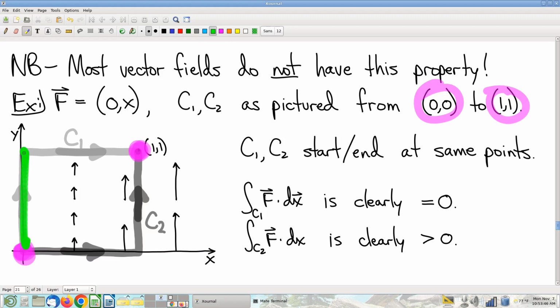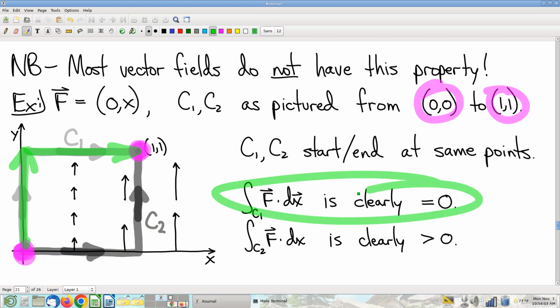But along in here, the value of the vector field is 0. So there's no line integral on that green segment. Along in here, the vector field's not 0, but the vector field's pointing up. The curve is going to the right, and that dot product is 0. So on the green curve, we definitely get 0. On the blue curve, we have this orthogonality issue along the bottom.